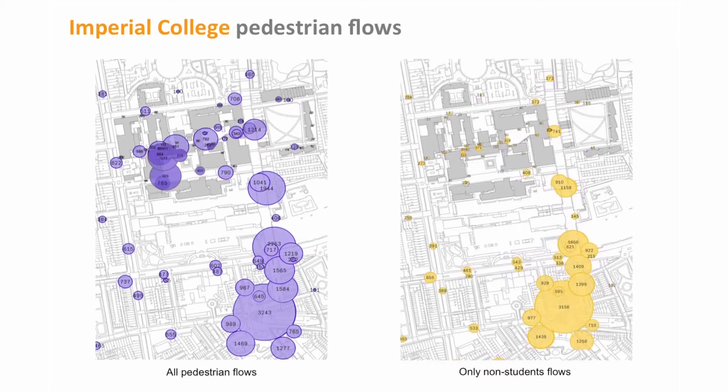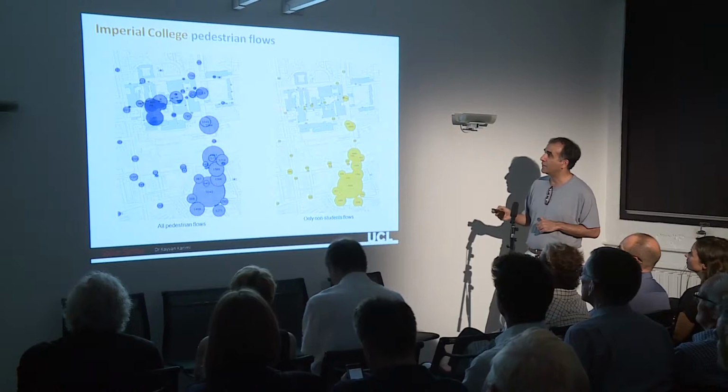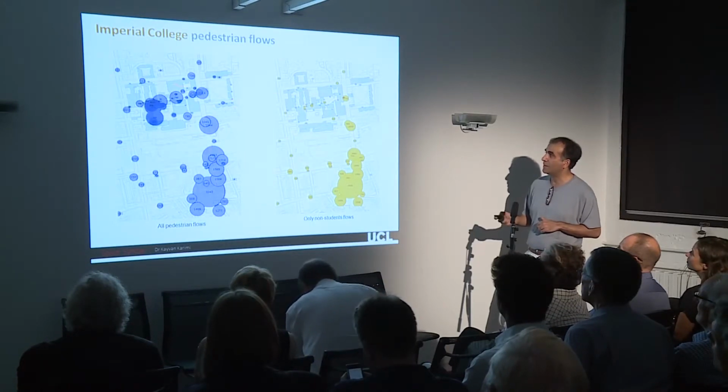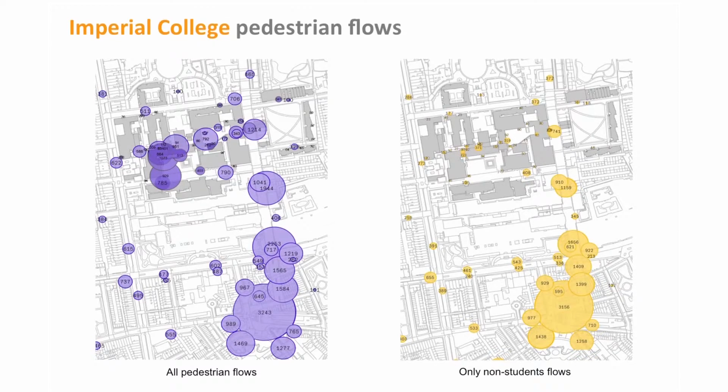They also looked at the type of people these activities involve. In the case of Imperial College, it's quite interesting. These are non-student pedestrians, and these are student pedestrians. And you see that the campus is used by non-students. It's not only the students who use it.